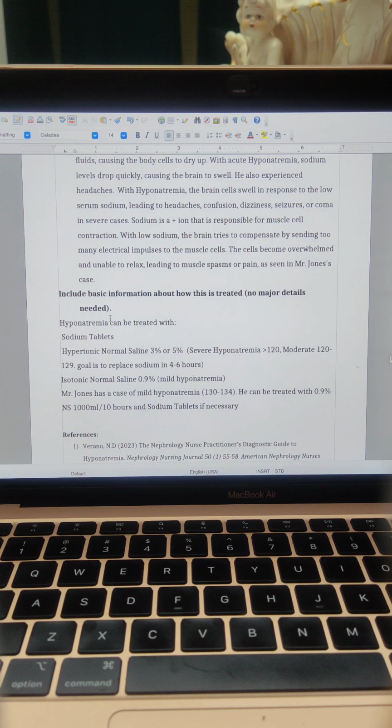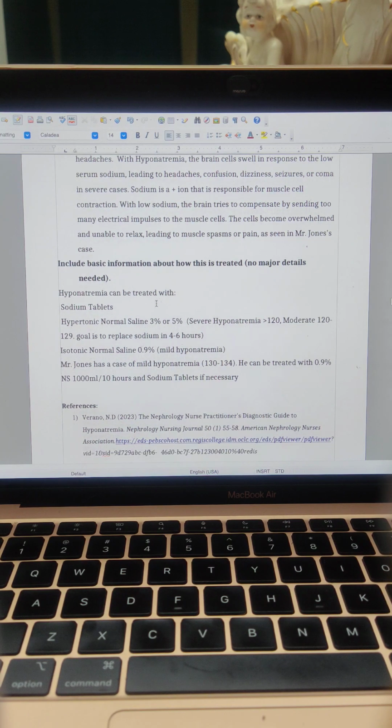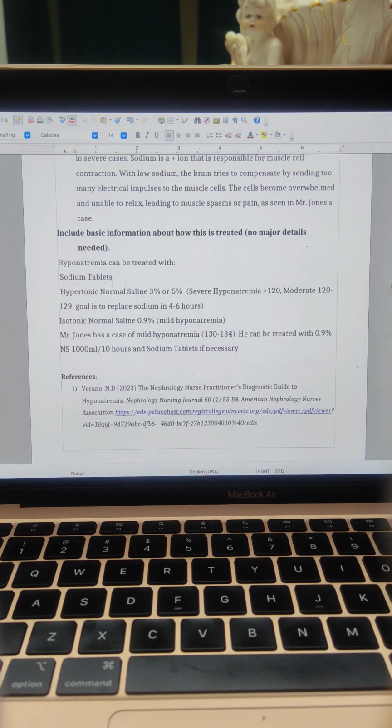So how can this problem be treated? So hyponatremia can be treated in several ways, with sodium tablets or hypertonic normal saline, such as 3% or 5% normal saline, and this can be done with severe hyponatremia, which is a serum sodium less than 120, or moderate hyponatremia with a sodium level of 120 to 129.